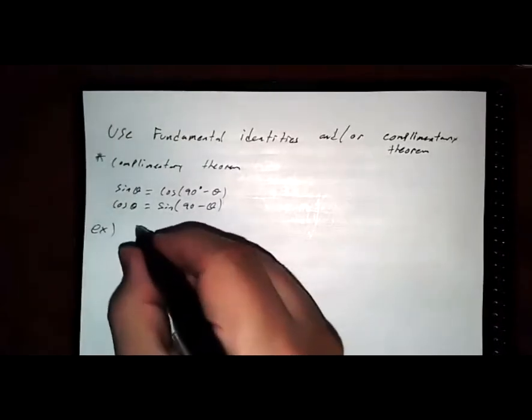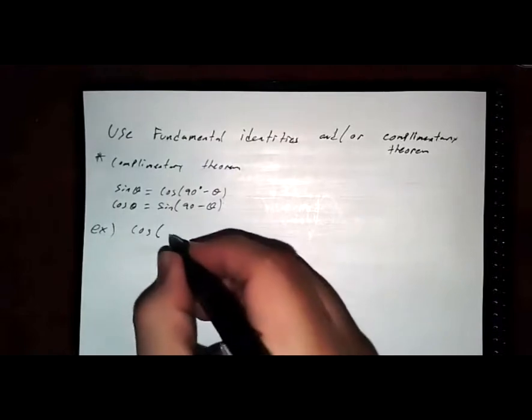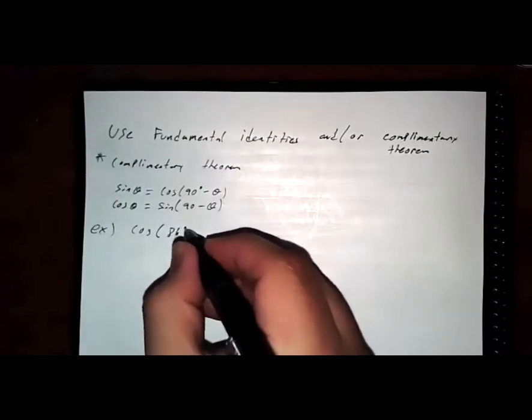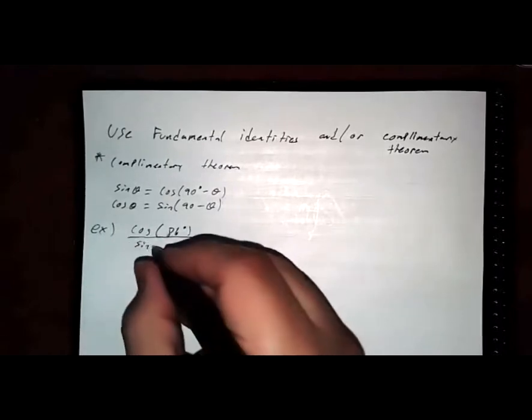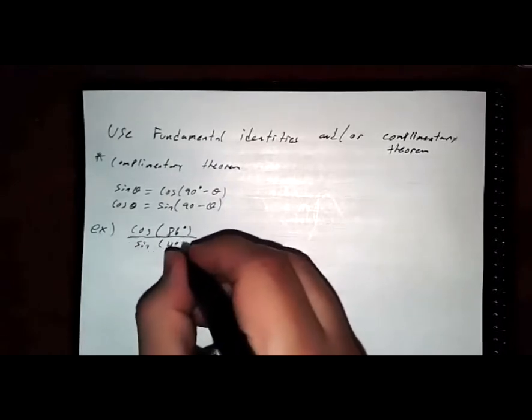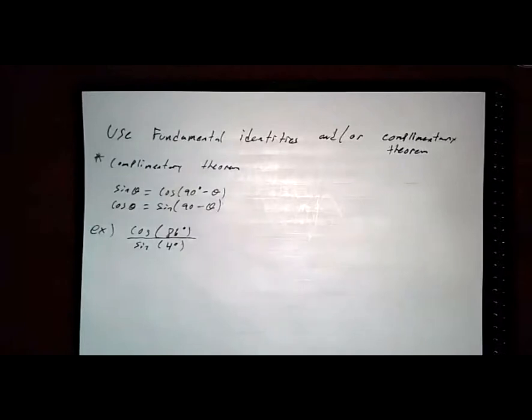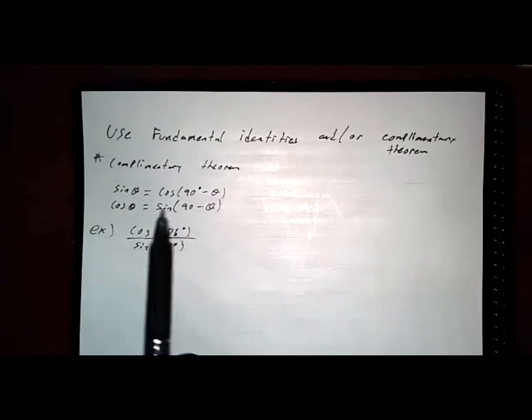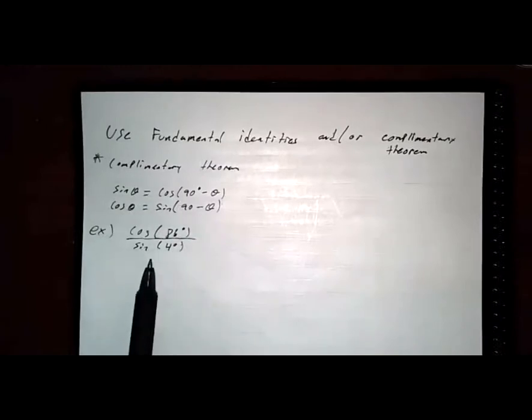All right, so first example using these ideas: cosine 86 degrees over sine of 4 degrees. You see how these are complementary, right? 86 and 4. The sum of the angles equals 90, which makes them complementary. So that means I can shift and cancel.